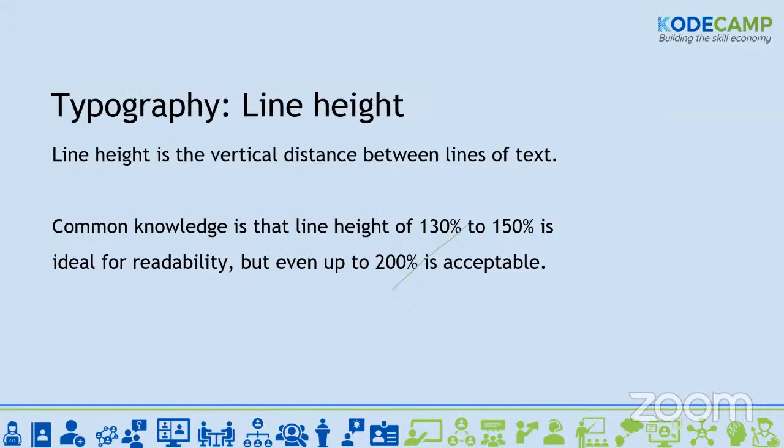I would advise you to go on your Figma board and check out this line height feature and play around with it. Like I said, practice makes perfect. But even up to 200% is also acceptable.